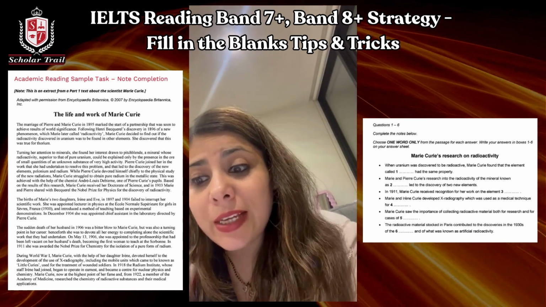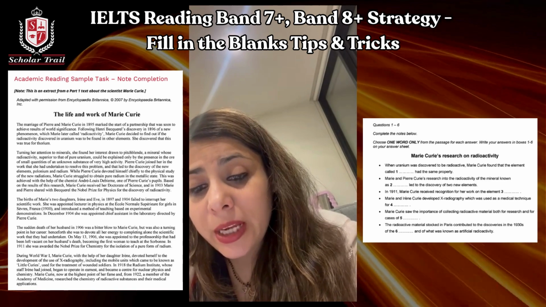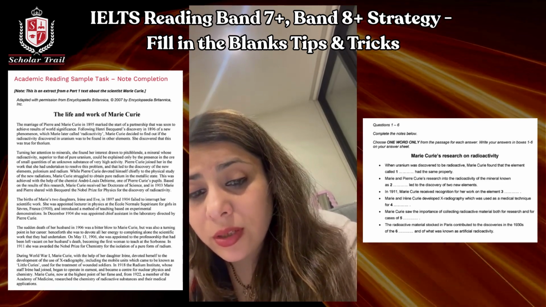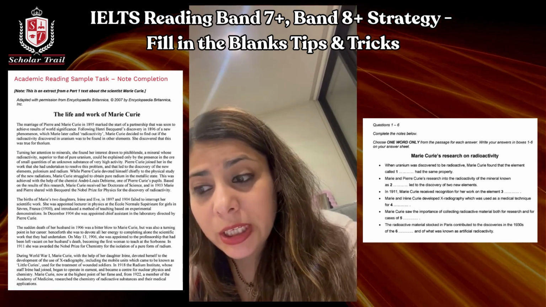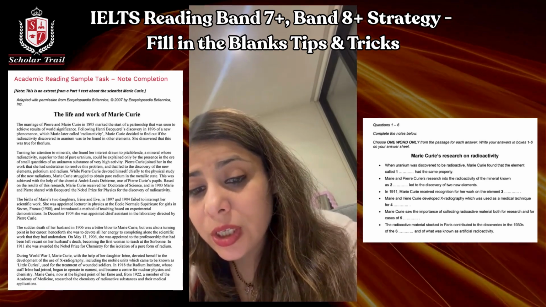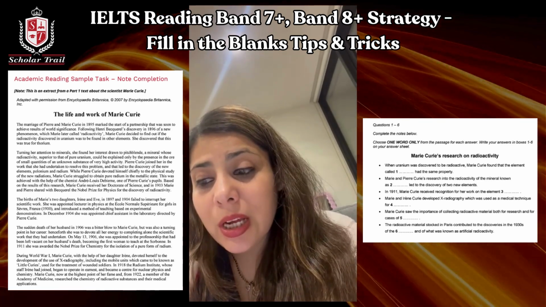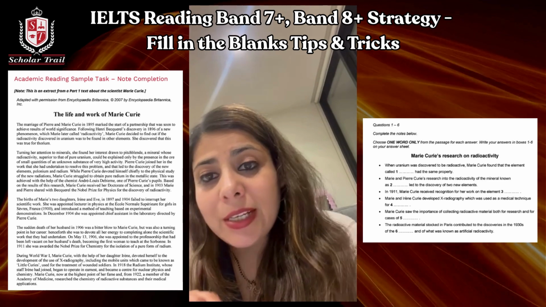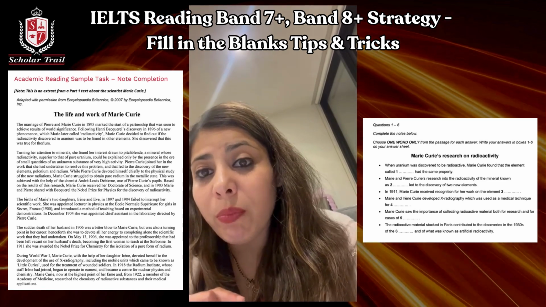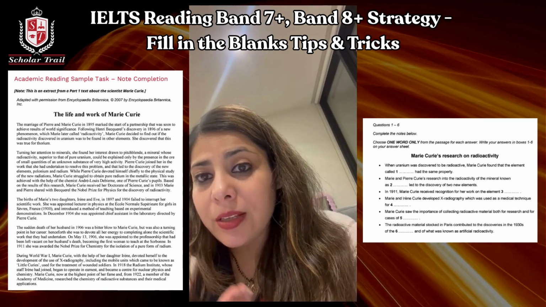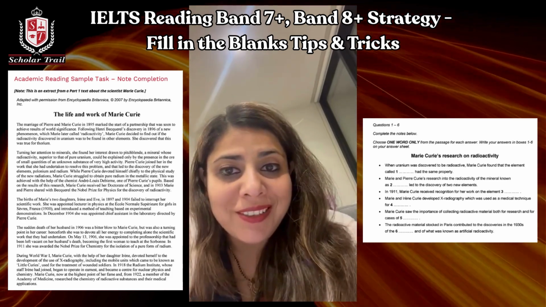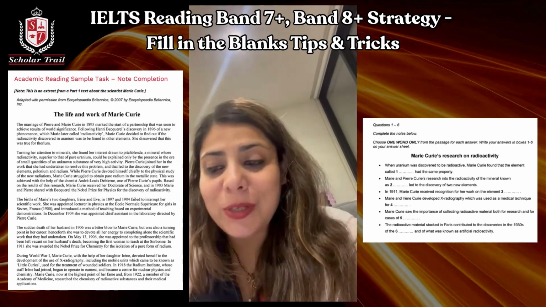So what they have said in the question is, Marie Curie saw the importance of collecting radioactive material both for research. In the question they have said both, whereas in the paragraph they have said not only but also. Again, this is called paraphrasing. Simple. One video is not enough.